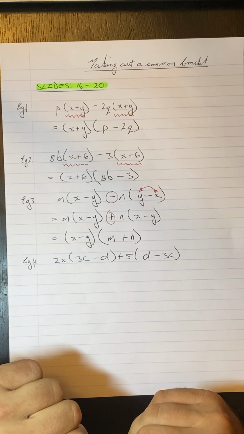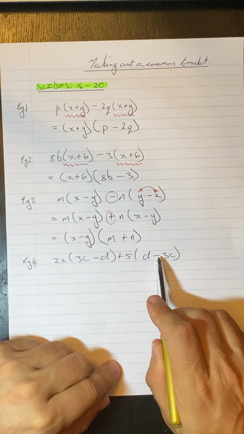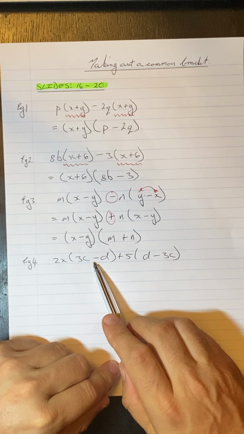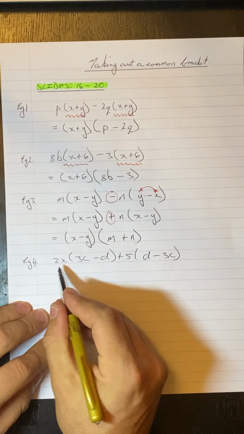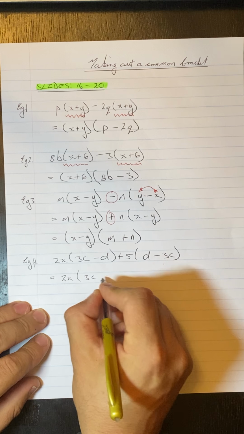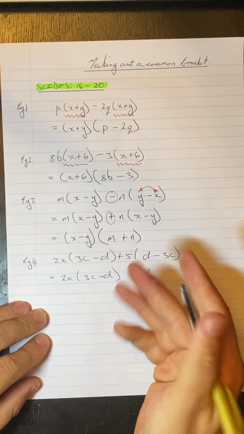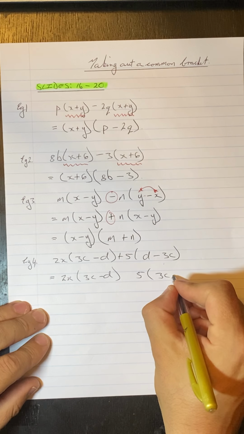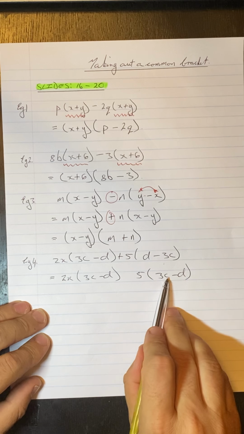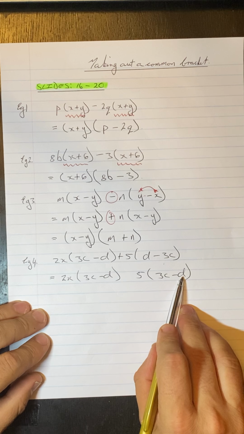So they look very similar, but what we can do is manipulate the second one like we did here to make them look exactly the same. So I'm going to leave the first one, and I'm going to flip this one over here. What we've done now is we've made them look exactly the same: 3c minus d, 3c minus d.